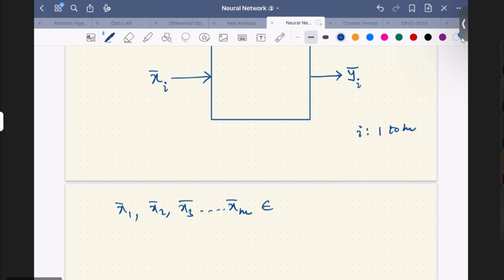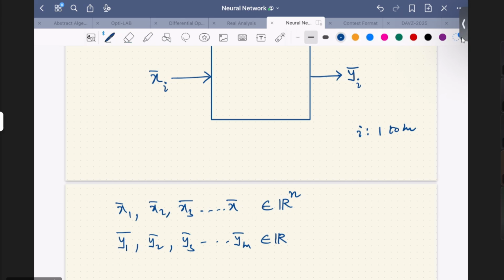Each one belongs to Rn, n-dimensional space. And now we have y1, y2, y3 and so on, ym, which belong to a k-dimensional space.